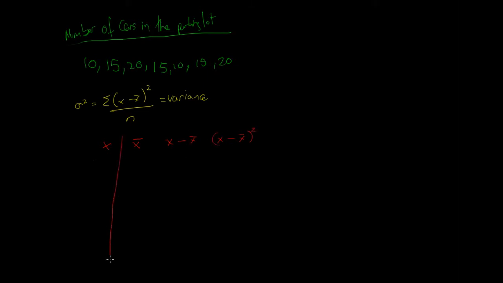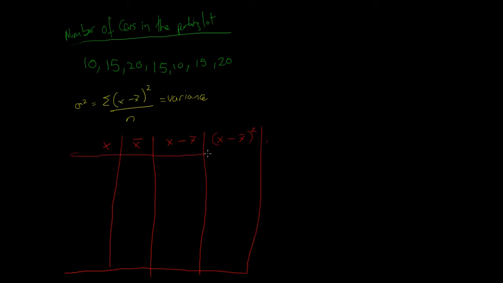So if we draw this up, we know we've got a total of 7 observations, so I want 7 rows in this column. So our first observation of x is 10, second is 15, third is 20, fourth is 15, 10, 15, 20. Right, so this is what our table will look like.